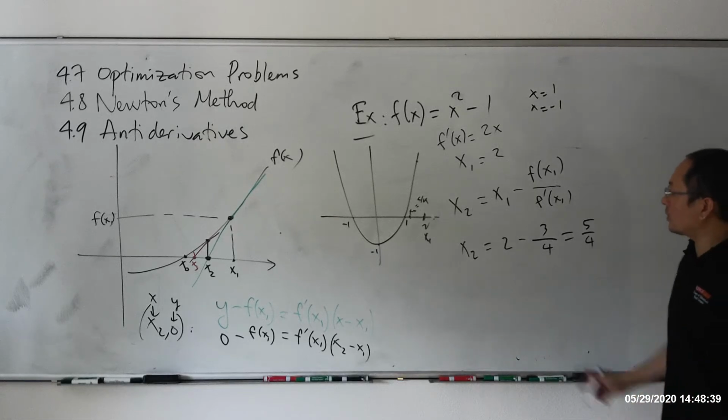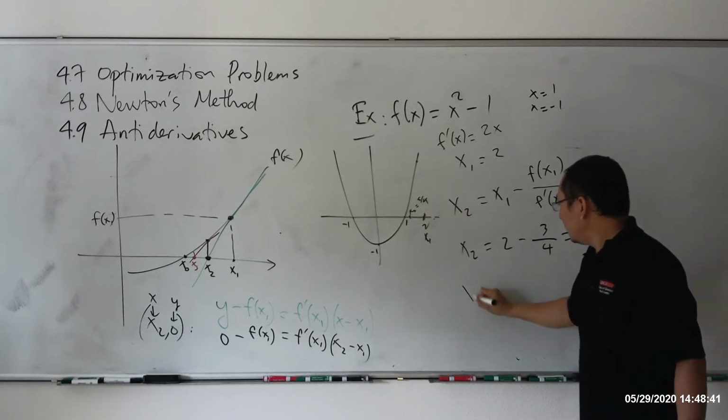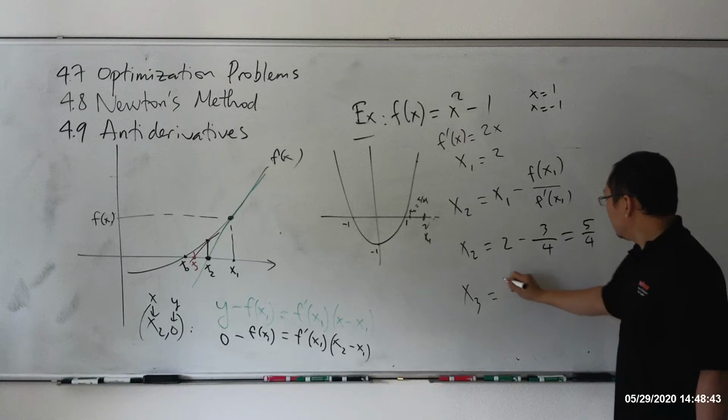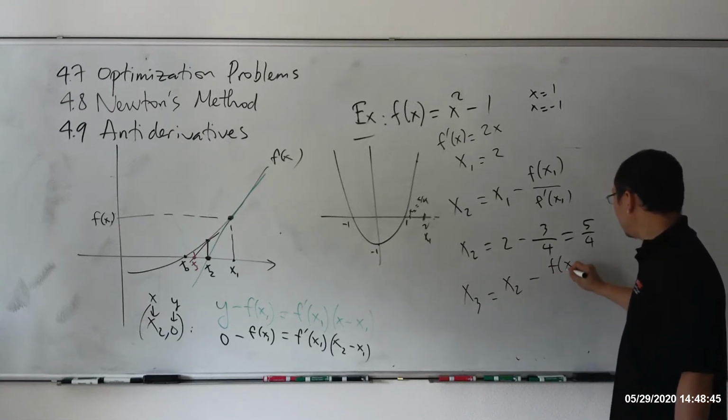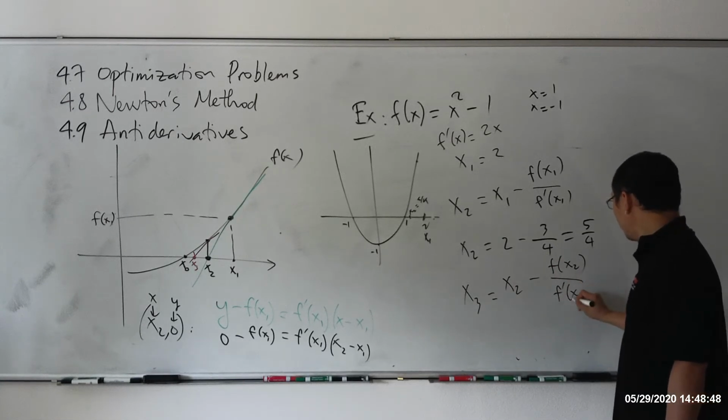Now we can calculate x3, and I claim it's going to be closer to 1. x3 is x2 minus f of x2 over f prime of x2.